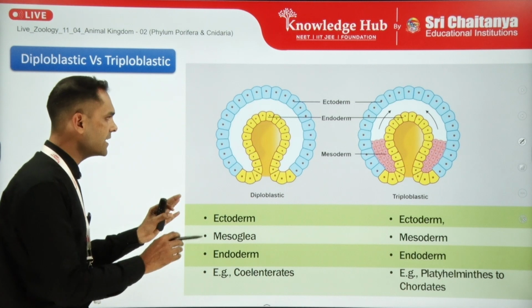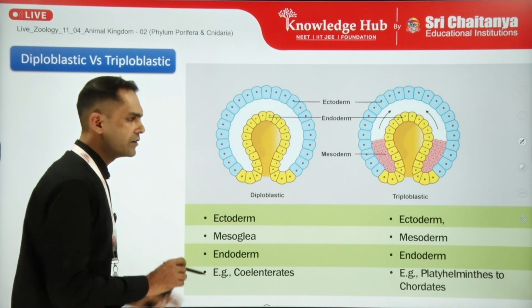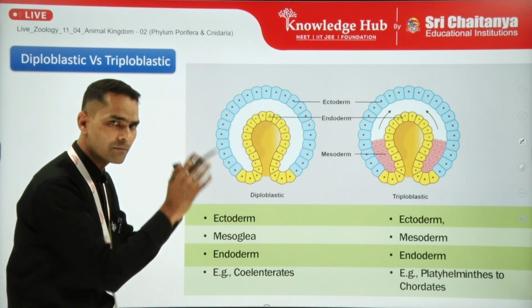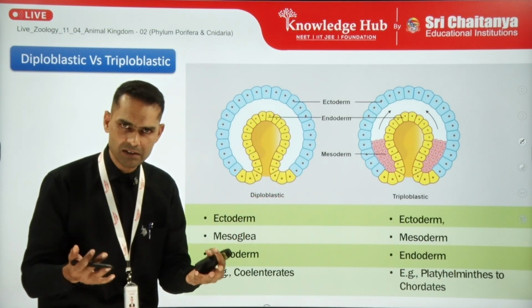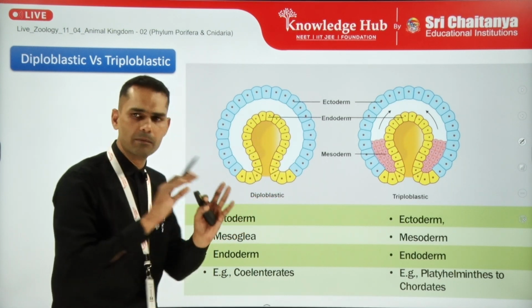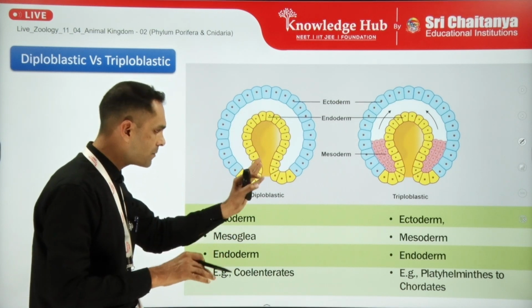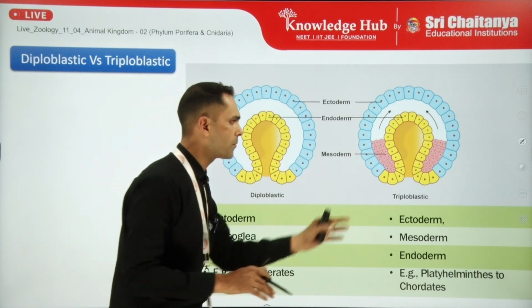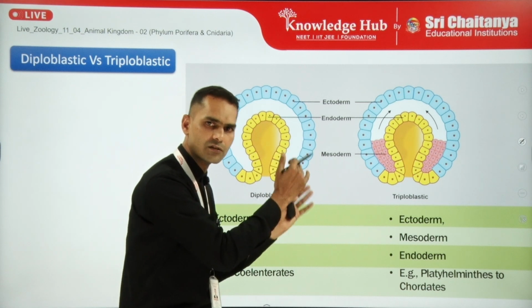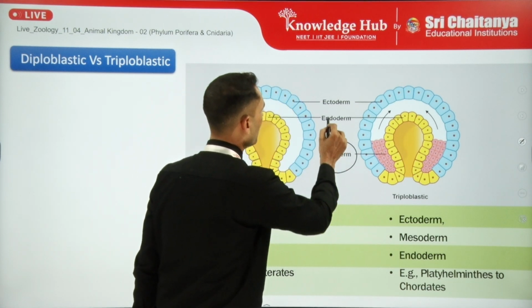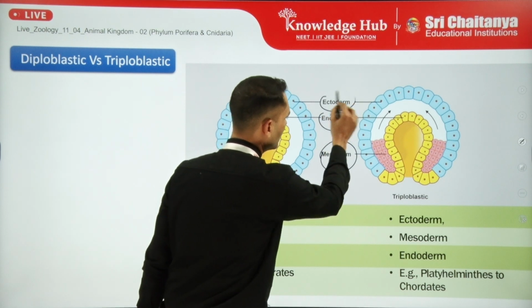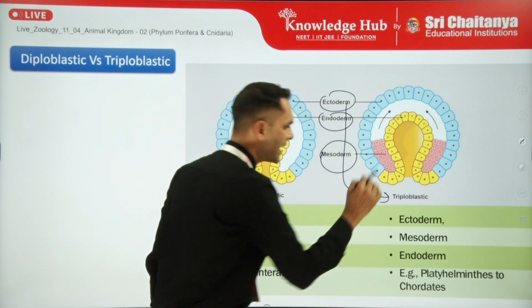In the diagram we can see that in both categories, ectoderm and endoderm form first. In diploblastic there is no mesoderm, but in triploblastic, mesoderm cells form after the formation of the first two layers.